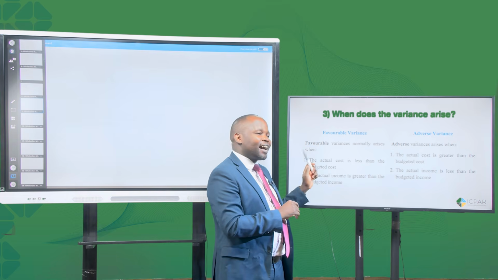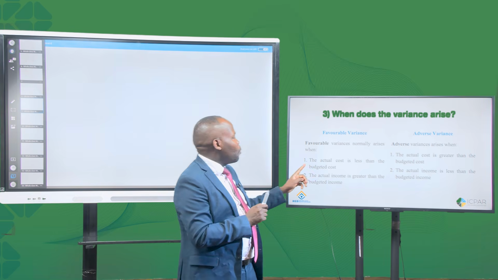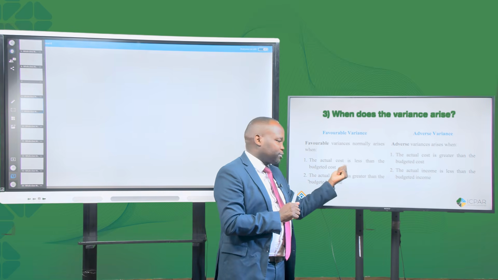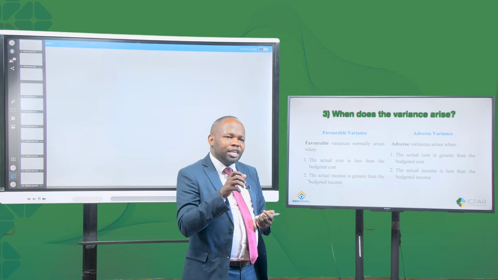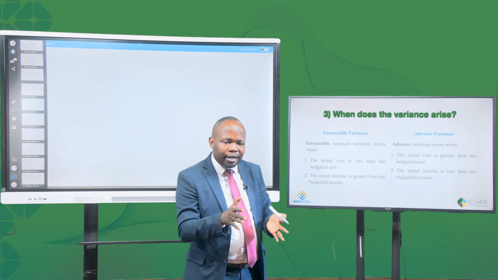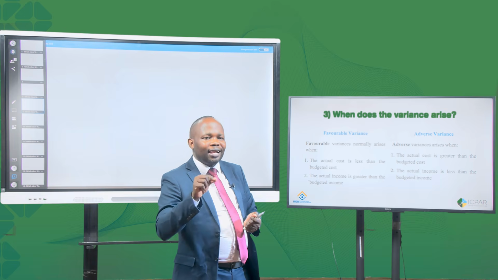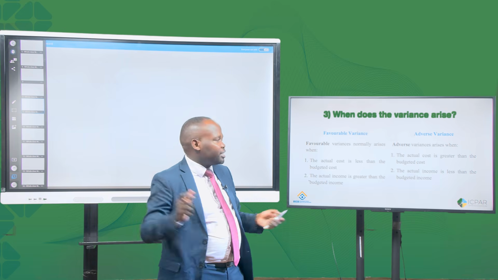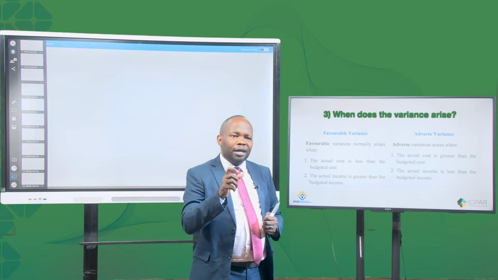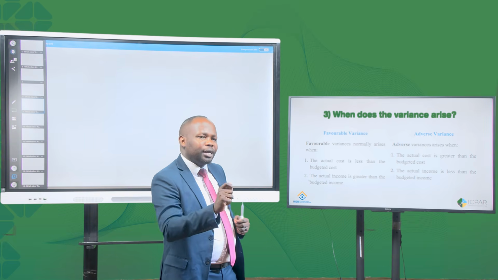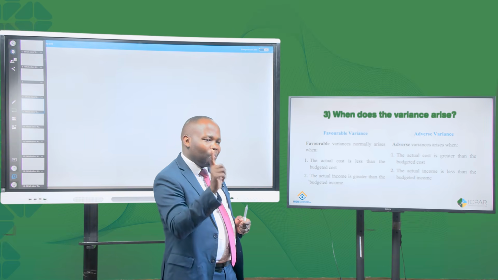Favorable variance arises when, number one, the actual cost is less than the budget. In other words, what you spend is less than what you budgeted for. That is favorable. Or if it is income, the actual income is more than what you budgeted.